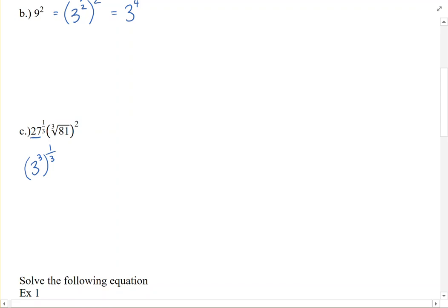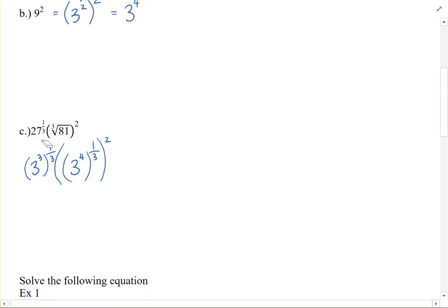And 81 is 3 to the power of 4. Now root 3 is also known as 3 to the 1/2, and this whole thing is to the power of 2.